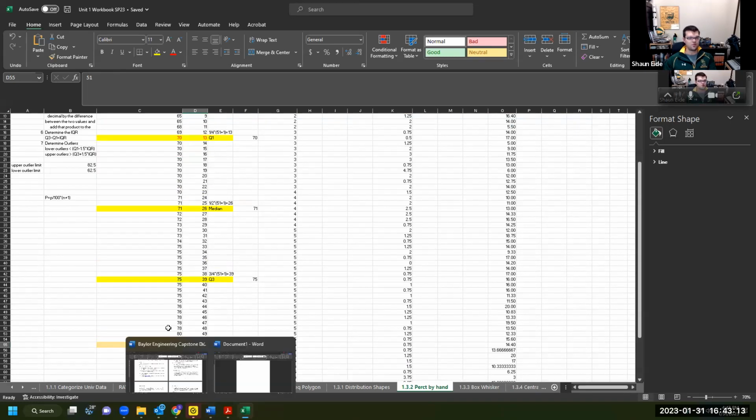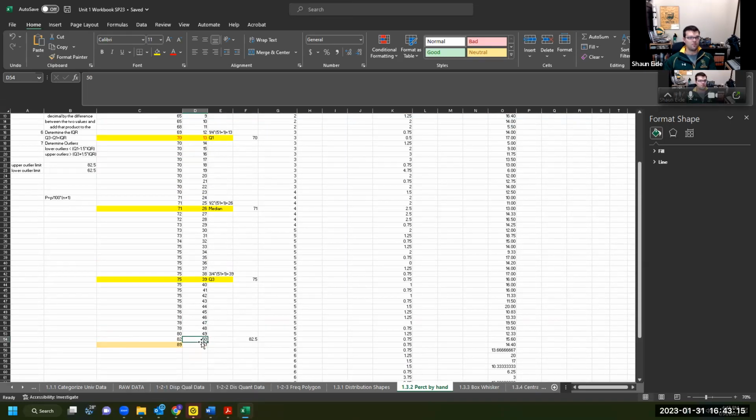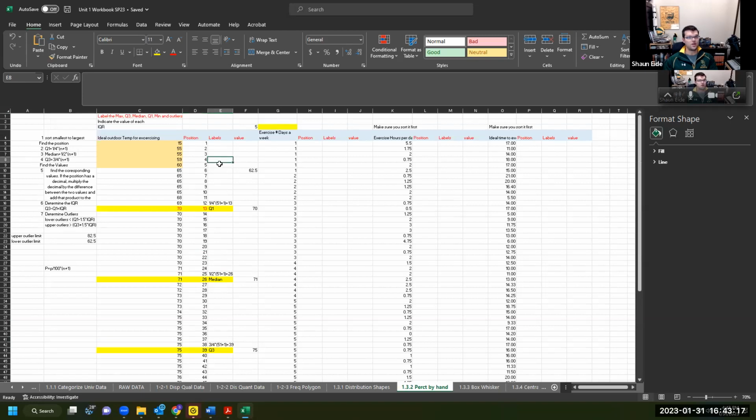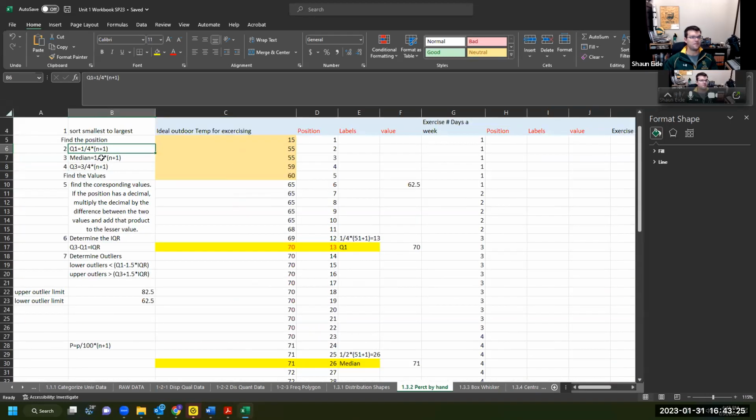So if there are 51 data points, we are going to use the formula that's on your formula sheet, or we can also just come over here where you'll see this formula. It says finding the location of Q1 is 1/4 multiplied by n plus 1, n being the number of values in the data set. Okay, so let's go ahead and do that.